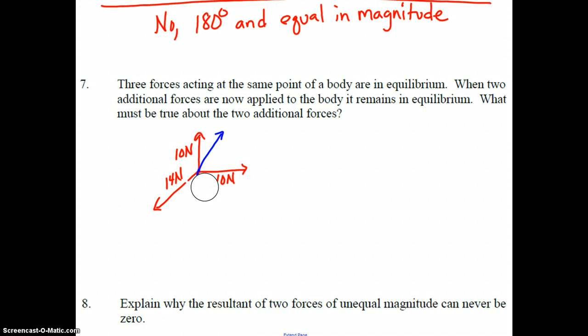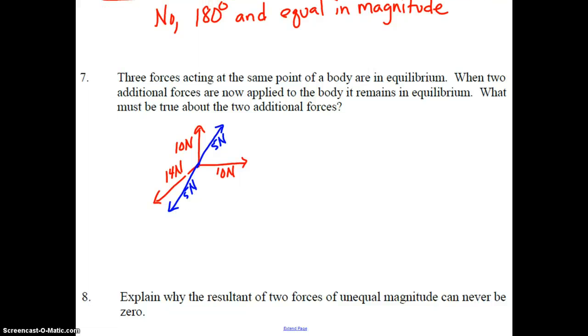That didn't turn out very good in the drawing, but equal and opposite to each other. So we could have this one be 5 newtons, for example. That means this one has to be 5 newtons, and they have to be 180 degrees to each other in order for the situation mentioned in number 7 to remain true. Okay? All right, and lastly, number 8.